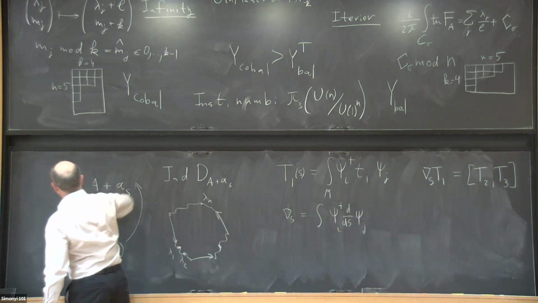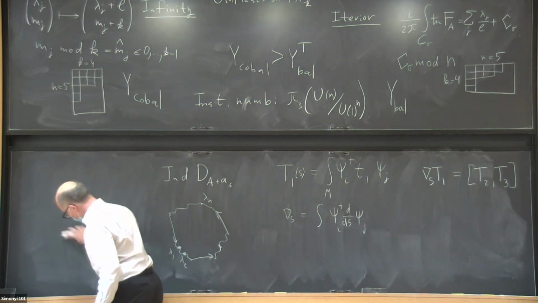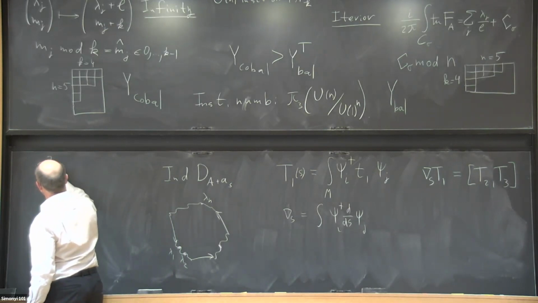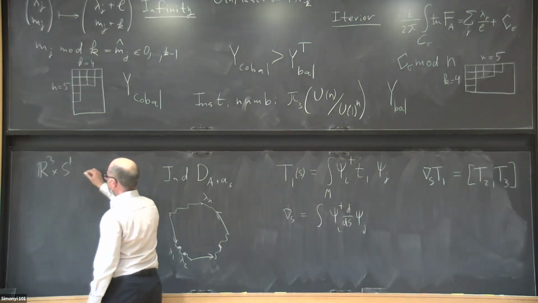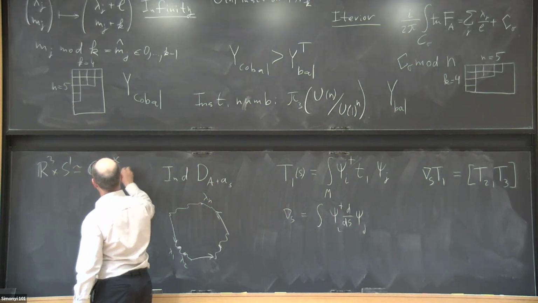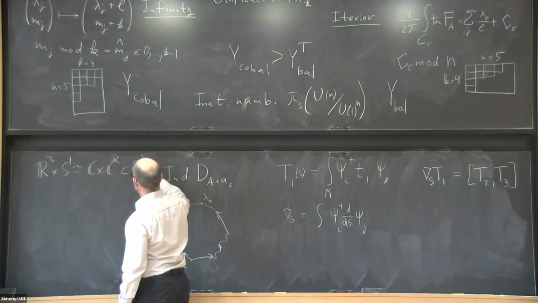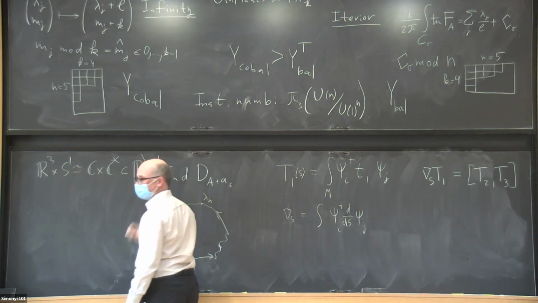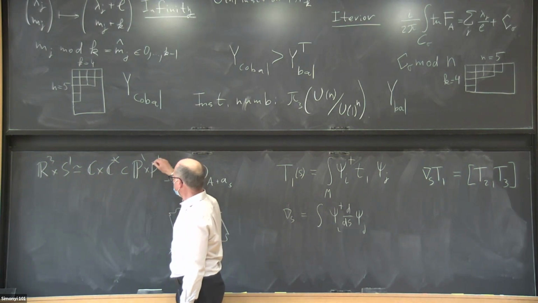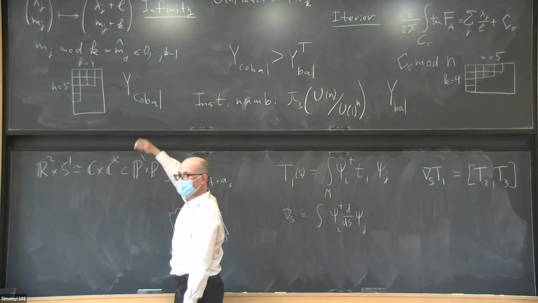Instead, you should think of it as starting with, let's say, R3 cross S1. You can think of R3 cross S1 as C times C star sitting inside of P1 times P1. And if you want to get the multi-Taub-NUT out of this, you pick one of the P1s representing infinity and start blowing it up.